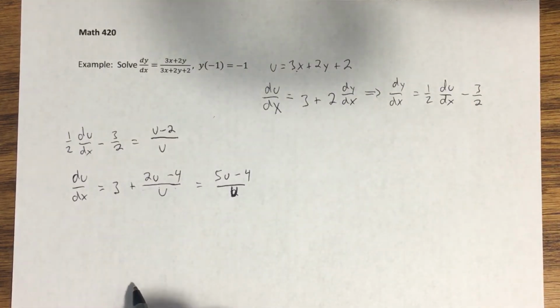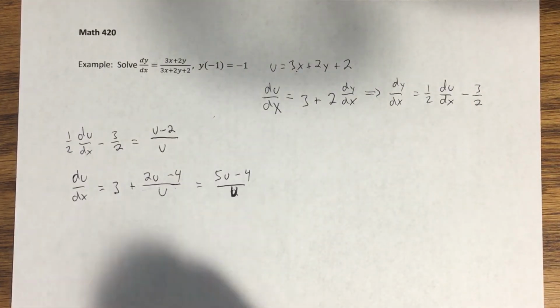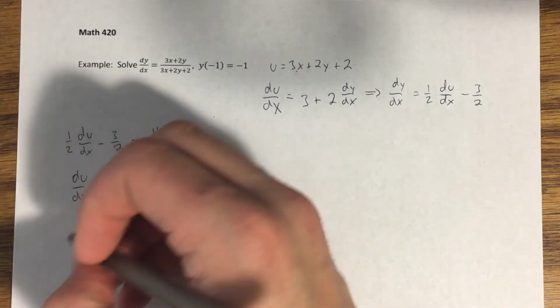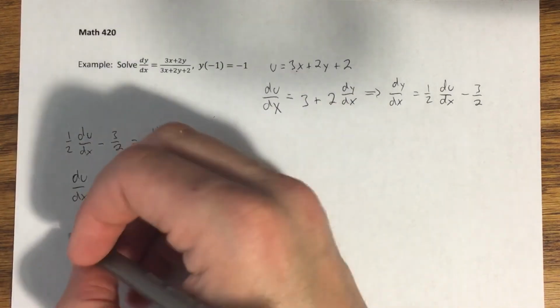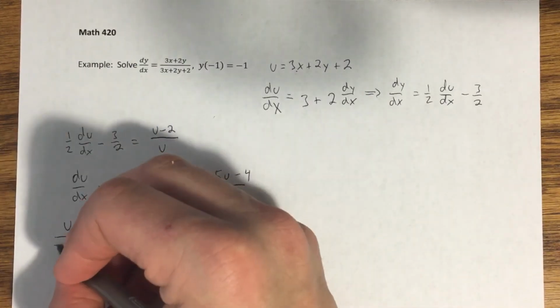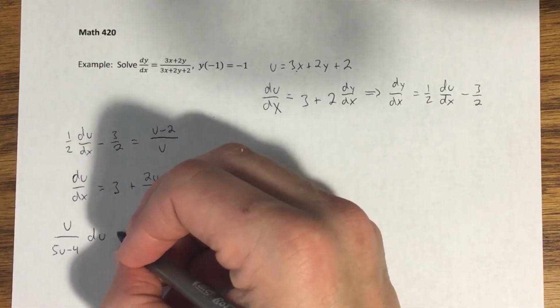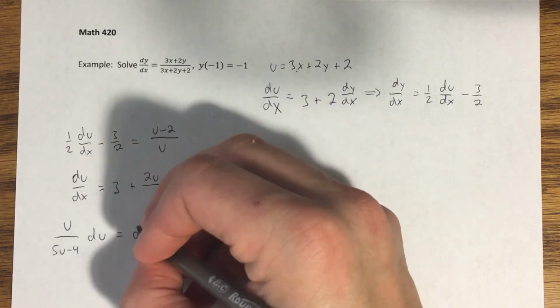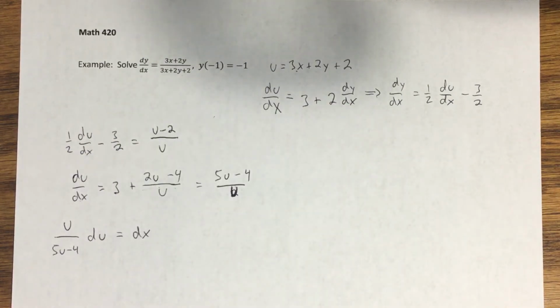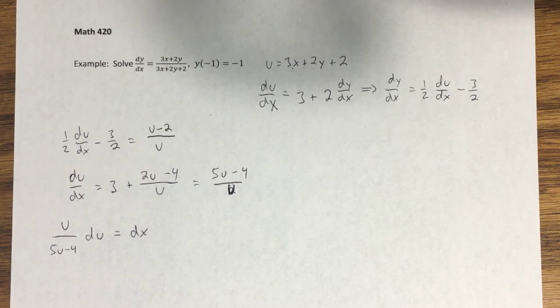Separating variables now. Using these two sides here, this is the same thing as u over 5u minus 4 du equals dx. Okay?